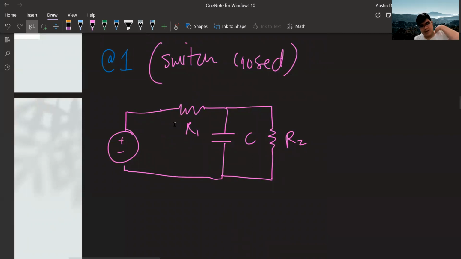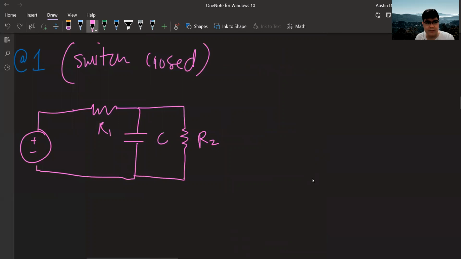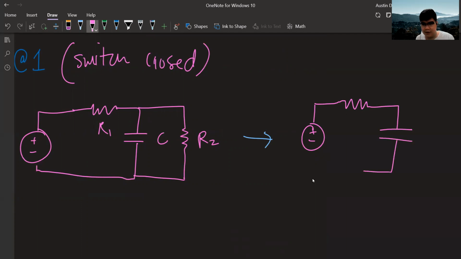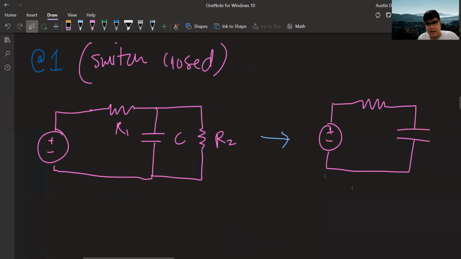Ang gagawin lang natin is to simplify our circuit to become something like this. So, we want it to be something simple. Okay, pag nagawa na natin to, pwede natin invoke yung mga equations natin na alam natin.